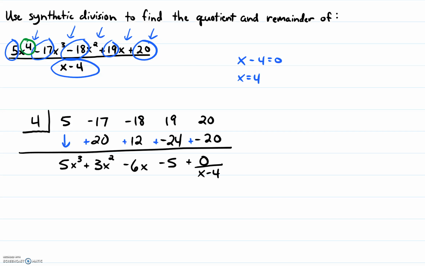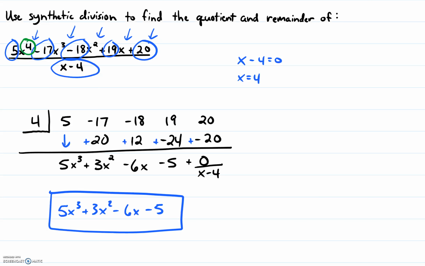And so that's how you would set up the remainder term if it were anything besides 0. So if we ended up with a number there, say 5, it would be plus 5 over x minus 4. But since this is a 0, we don't really have to write it. So when you write your final answer, you can just say that it's 5x to the 3 plus 3x squared minus 6x minus 5. And that's going to be your final answer.